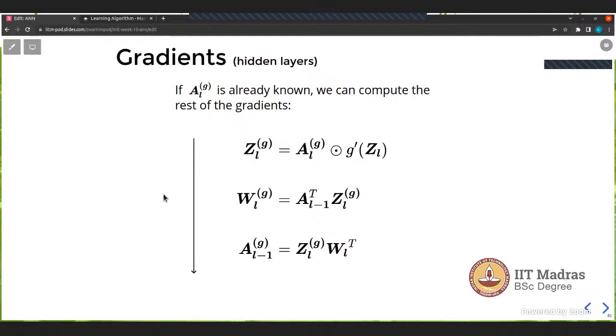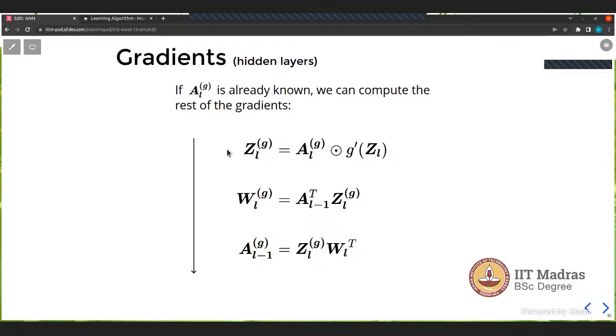Yeah, so these equations can be a bit tough. So what I would suggest is you can remember this one, these two, the next two, not so much. You don't need to exactly remember. But the trick to remembering these also is that you can always look at the shapes, right? So WLG will have the same shape as WL. And you can figure out which should be transpose of what and all this by looking at the shapes, right?